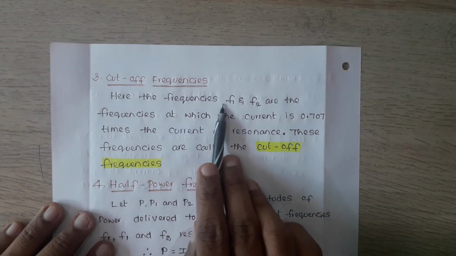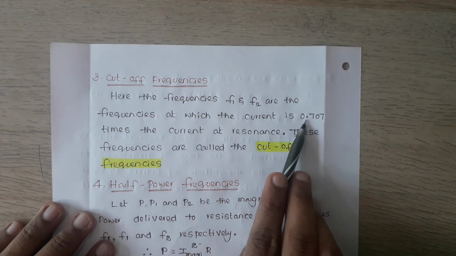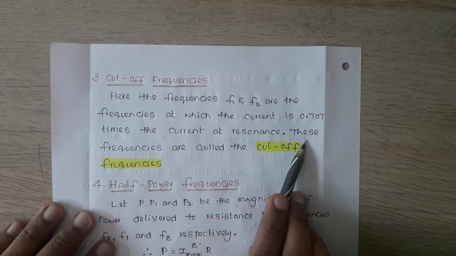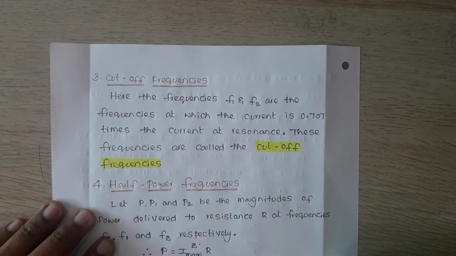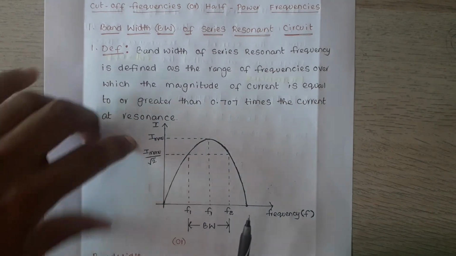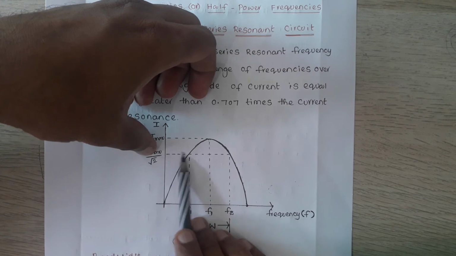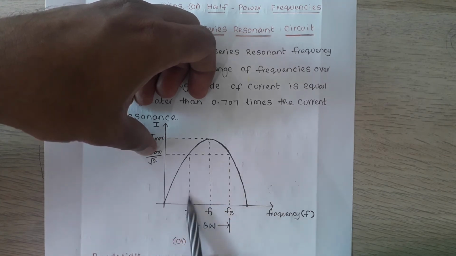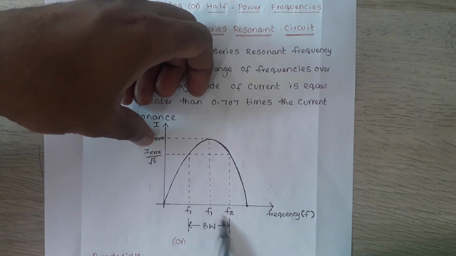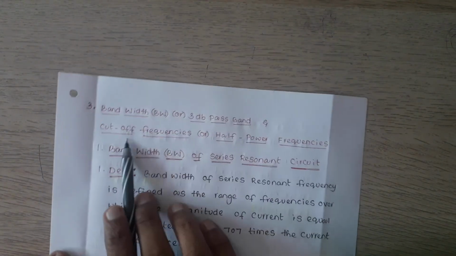The maximum current is I max, so this is the I max by root 2 current. The corresponding frequencies for that current are called cutoff frequencies f1 and f2.